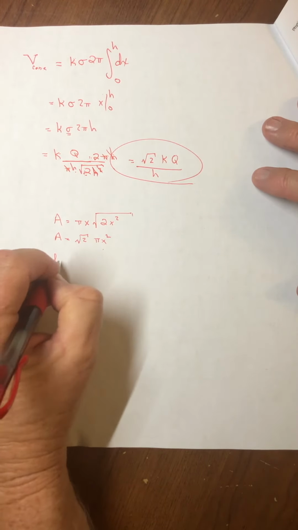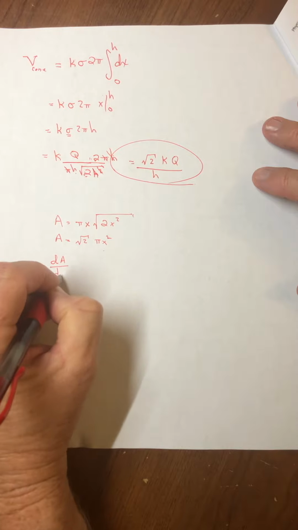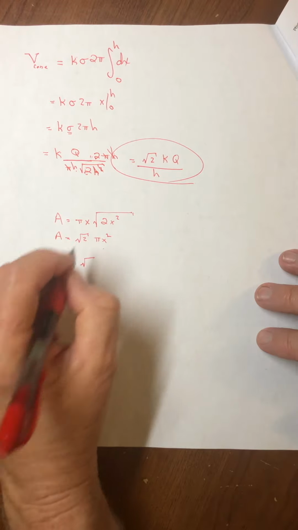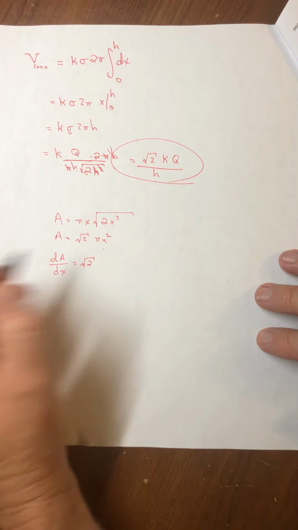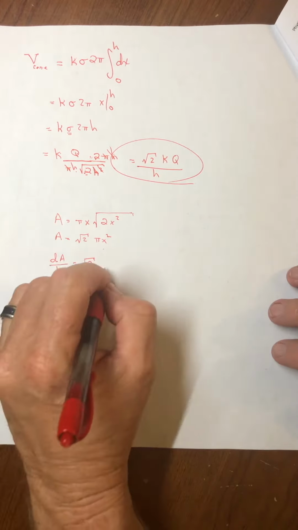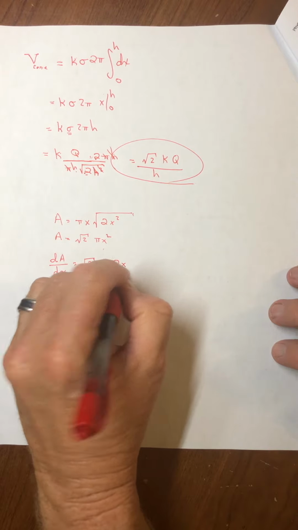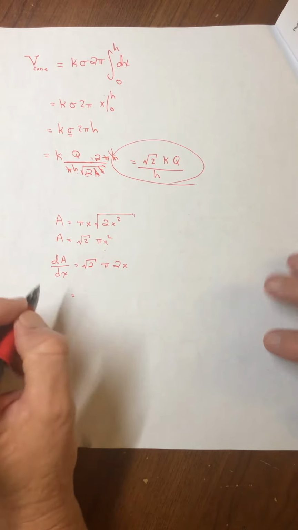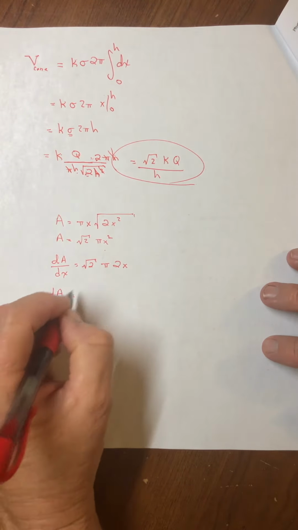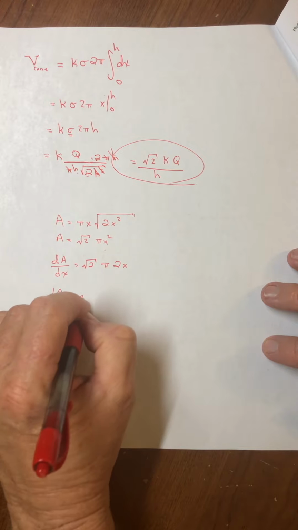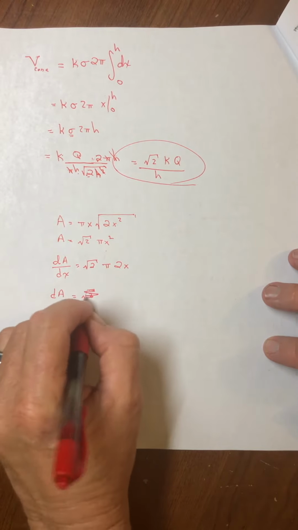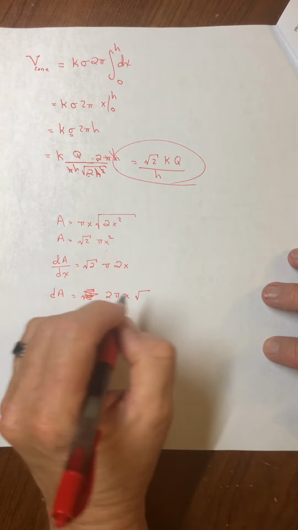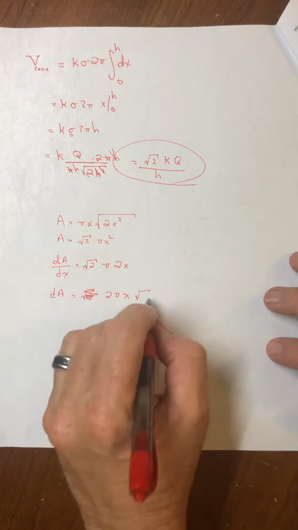So if I took a look at how does the area change with x here, I guess I would have the square root of 2 times a pi and times a 2x. And maybe writing it a different way, dA then would be square root of 2. Actually, let me write that last. I'll write it as 2 pi x square root of 2.